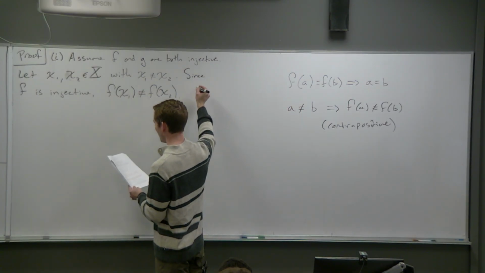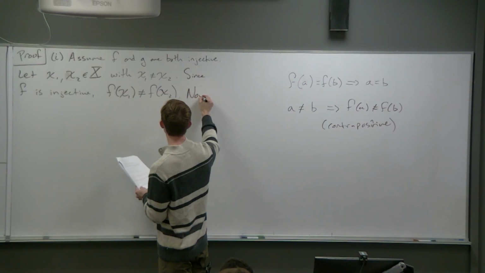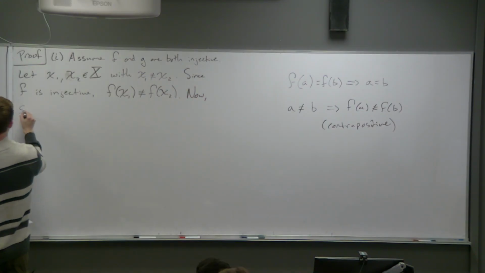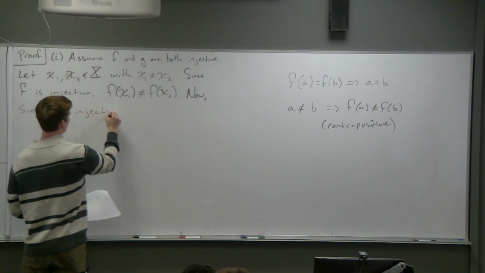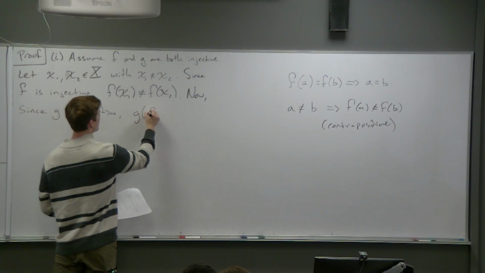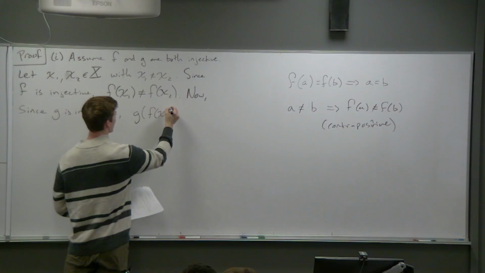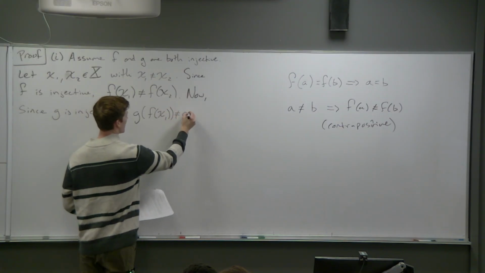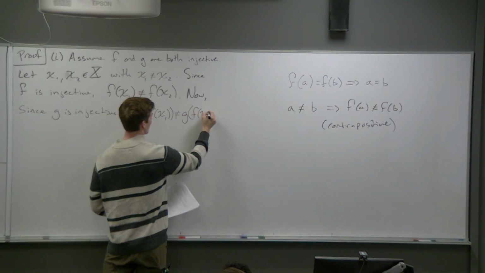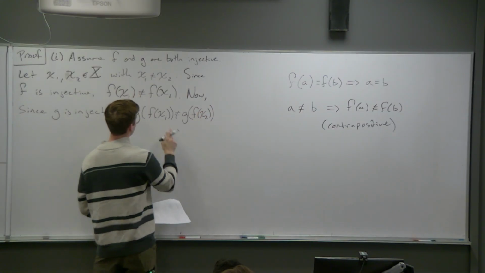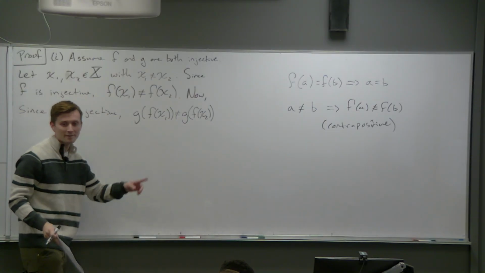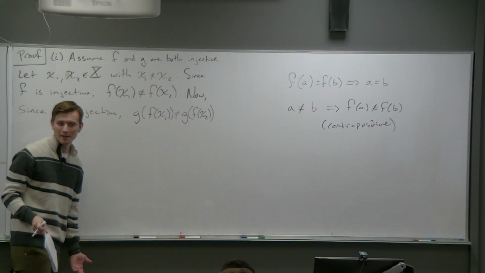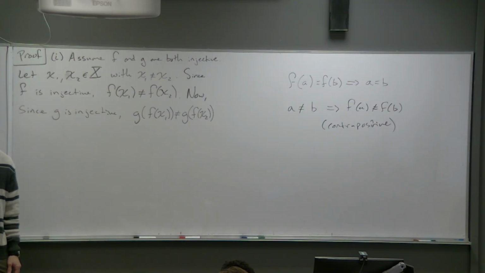Now, since g is injective, g of f of x1 is not equal to g of f of x2. Since these two are not equal, exact same reasoning, contrapositive of the definition of injective, yeah? Okay, cool.